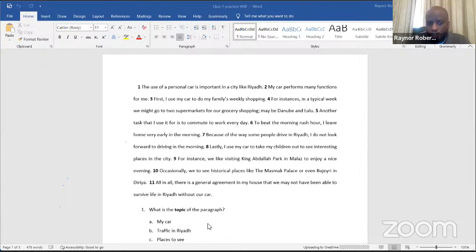Don't be tricked by situations where you have a preposition after the subject. The use of a personal car is. Personal car is not the subject, the use is the subject. So be careful with the prepositional phrase after the subject and before the verb.